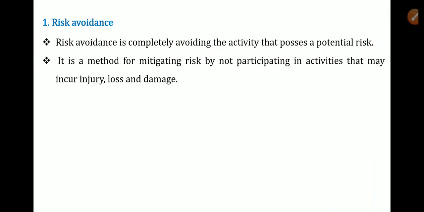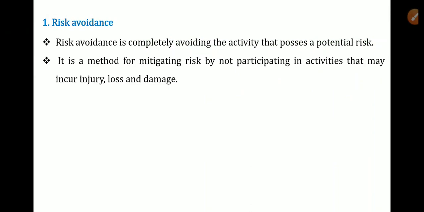And next, it is a method for mitigating risk by not participating in activities that may incur injury, loss or damage. So in the activities in which risk is involved, in order to mitigate, reduce or avoid the risk, the person or any industry or any organization is going to stop participating in those activities.